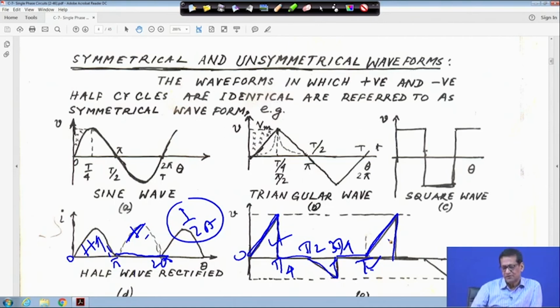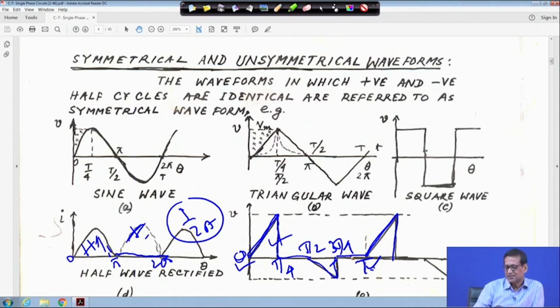So this is an unsymmetrical waveform. When you try to find the average or RMS value, you have to consider the complete cycle, the complete base from 0 to T, and that division should be T, right? For an unsymmetrical waveform you have to consider the whole cycle to get the average value or RMS value.